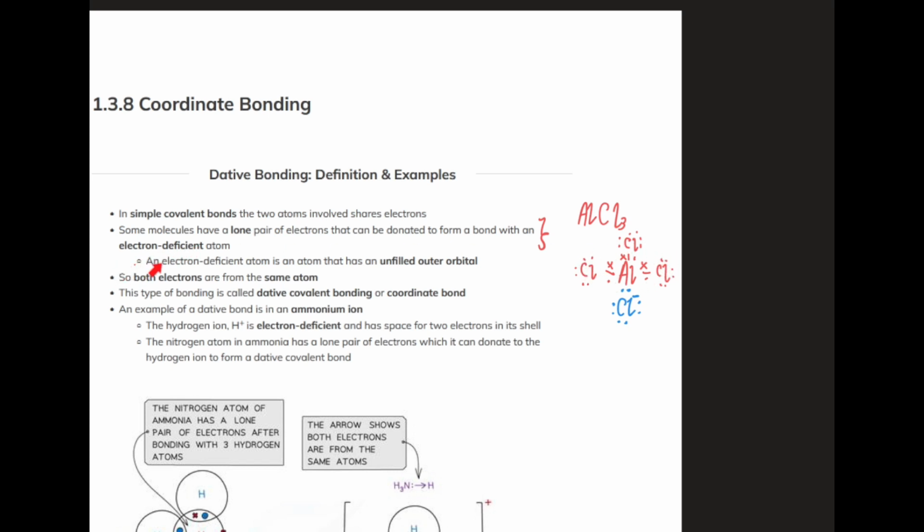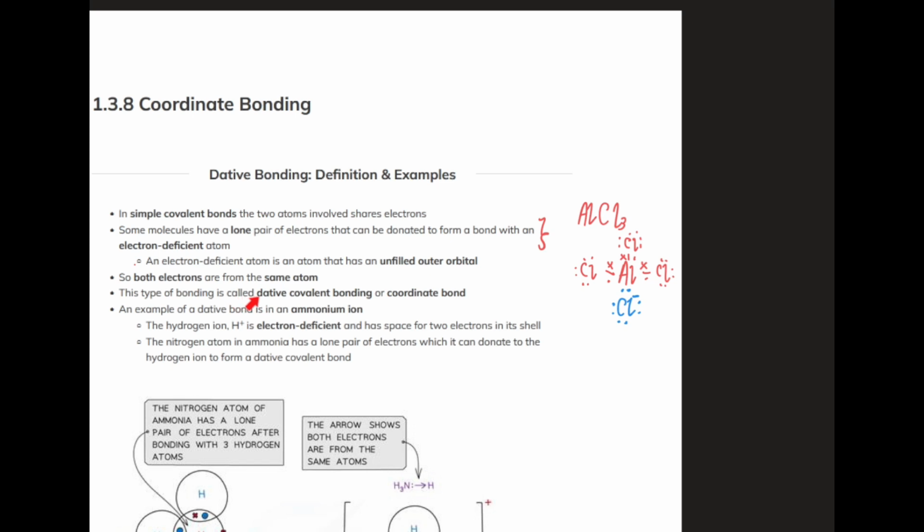Okay, now let's see. An electron deficient atom is an atom that has an unfilled outer orbital. Okay, they still have one empty orbital to accommodate electrons. I mean aluminium. Aluminium has one empty orbital to accommodate the two electrons there. So both electrons are from the same atom. So the two electrons are from this donor, from the same atom.